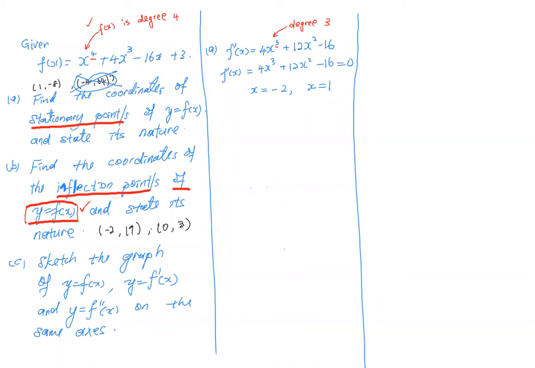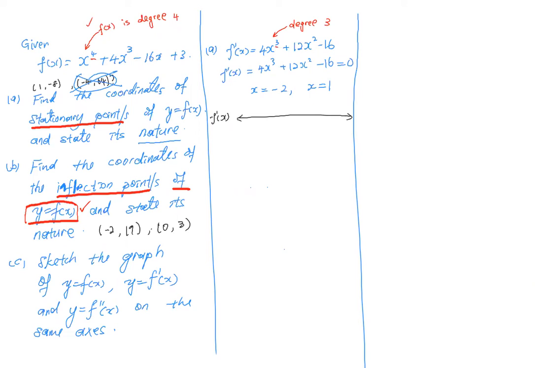Now, if I want to know the nature of the stationary point, what must I do? Draw sign diagram. You cannot just tell me sign diagram. Sign diagram of what? Oh, f prime x. Thank you. So you have to be very specific. Sign diagram of f prime x.